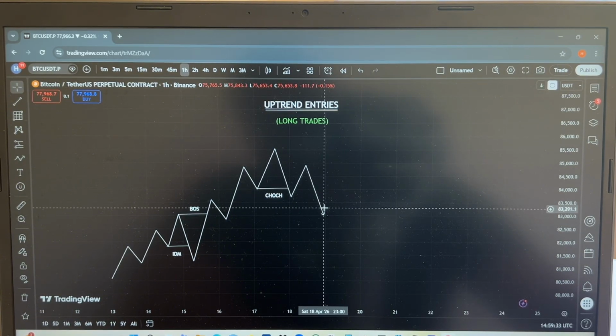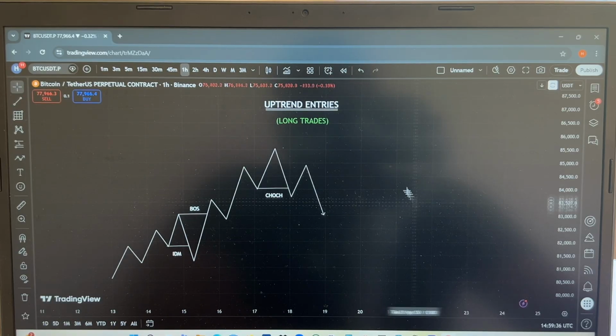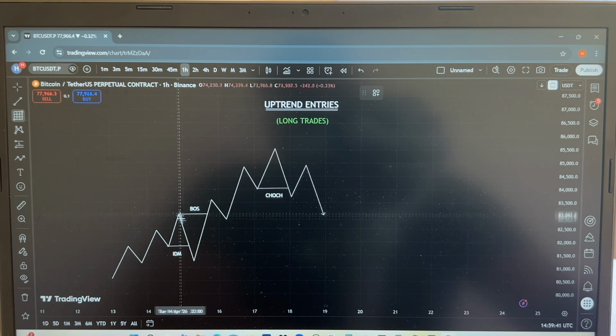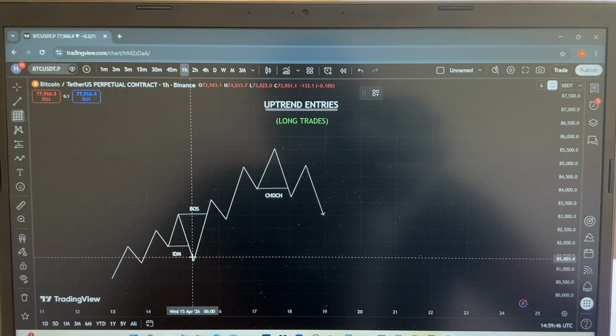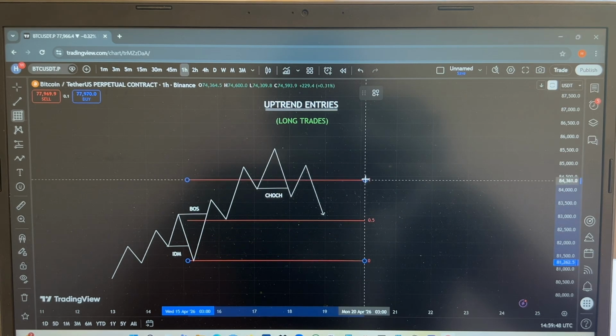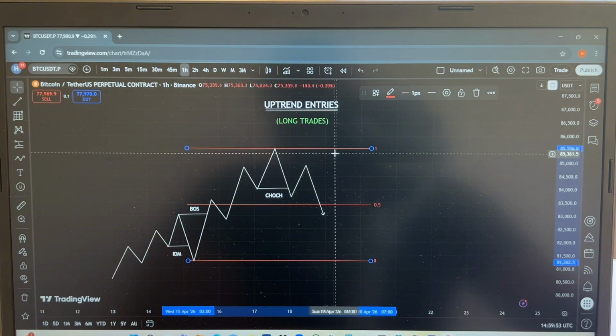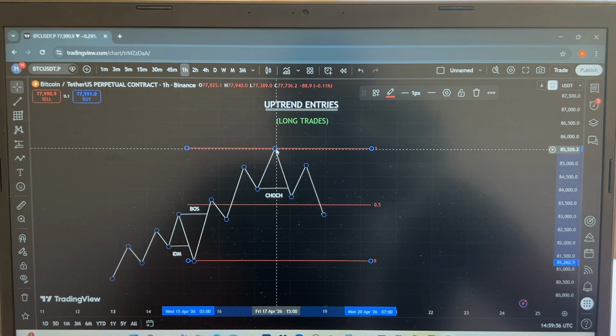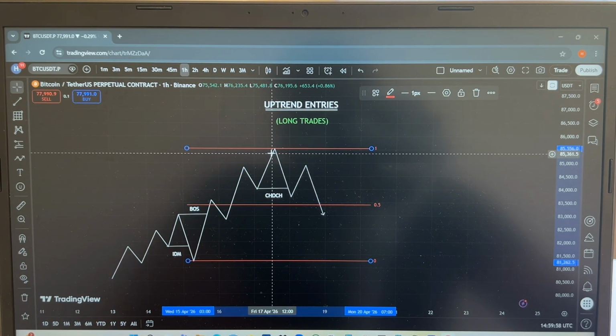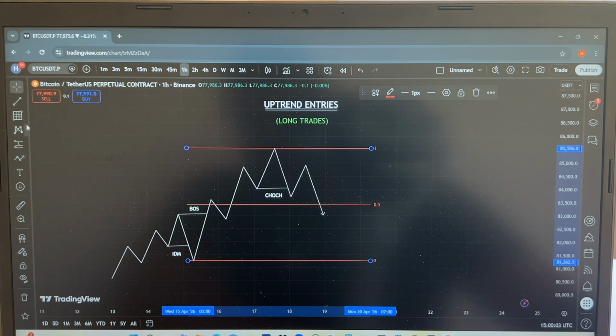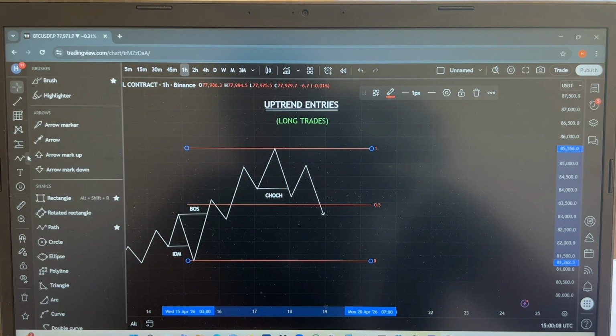Okay, so let's get back to long entries. When this change of character is broken, what we are going to do is use the Fib box, and the starting point should be the swing low of this BOS, and the highest point of this box should be at the highest point of the change of character. I'm going to tell you something extremely important here.